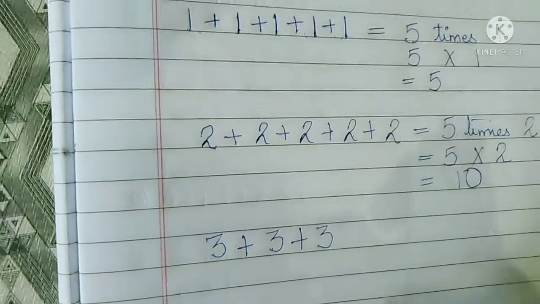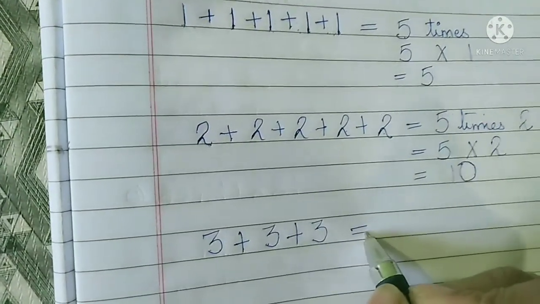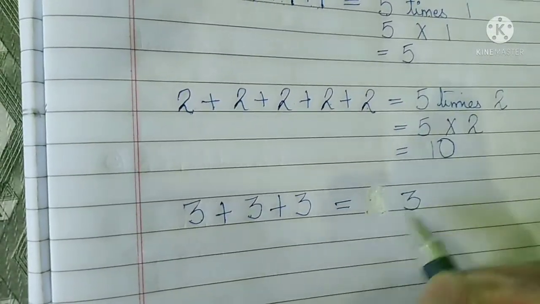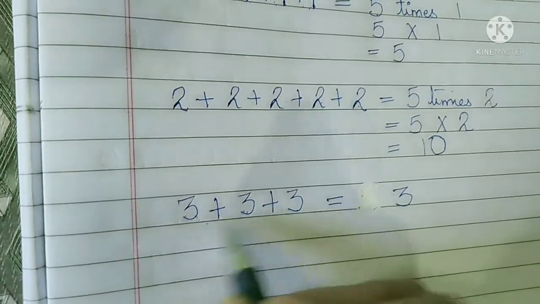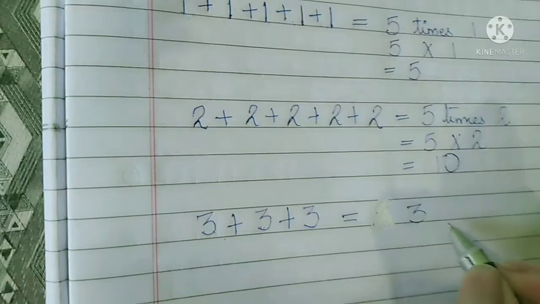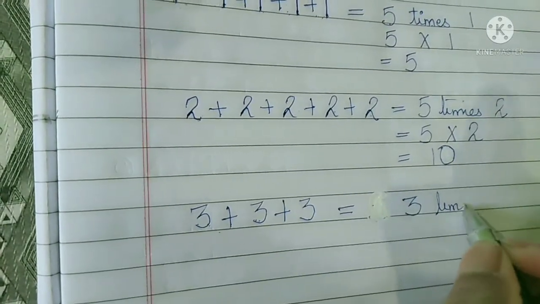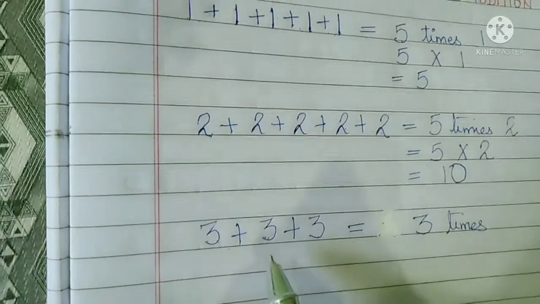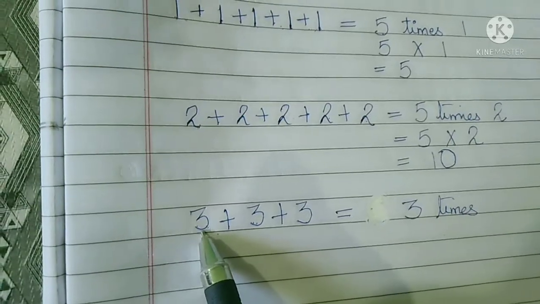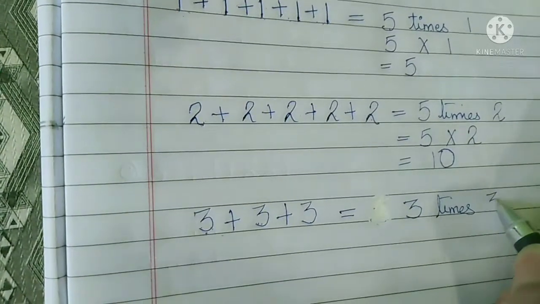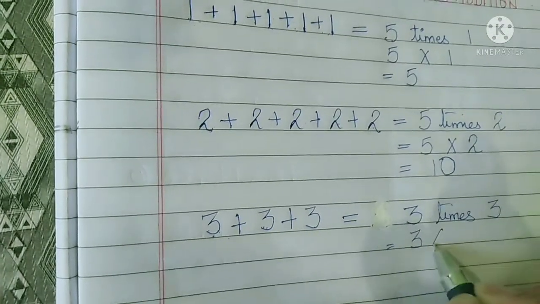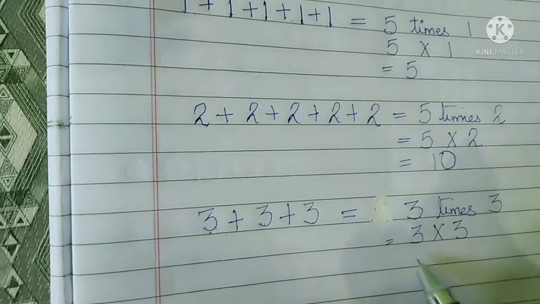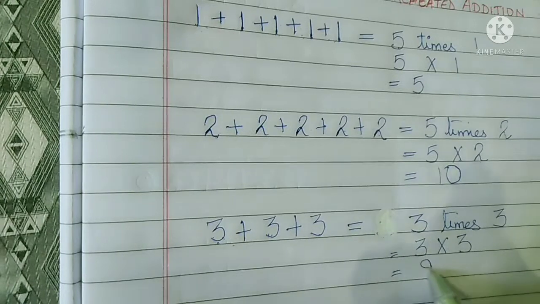There are 3 groups, that's why we will write 3 times, and in 1 group there were 3 beans, so we will write 3. That means 3 multiply 3 equals 9.